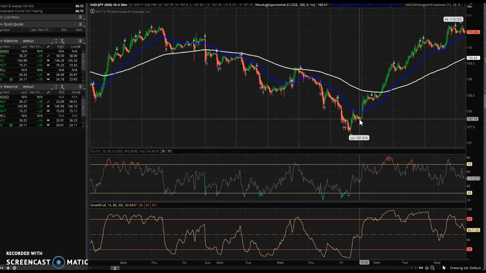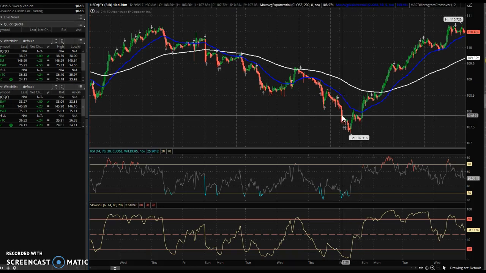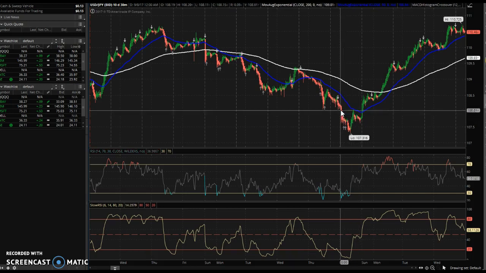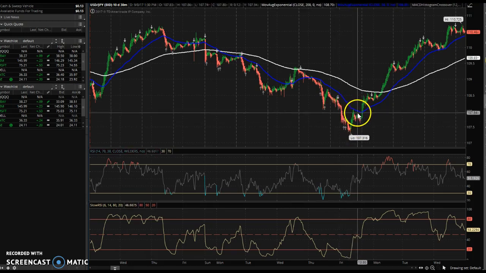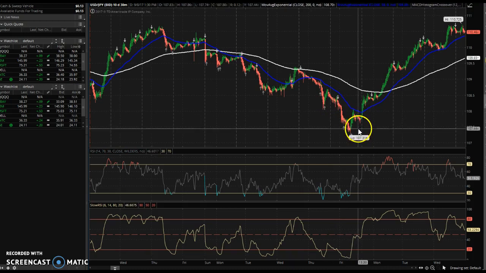At 3 o'clock in the daytime, the trade was around 107.76. If you would have jumped in the trade at like 11 at night, it was 108. So you would have still been good, but you've got to watch out for these reversals, because you didn't know that reversals were going to come.